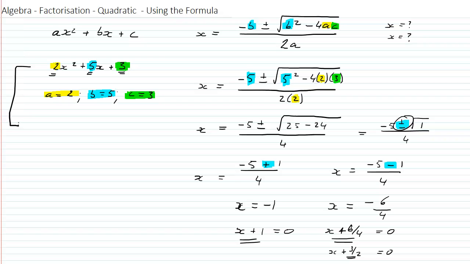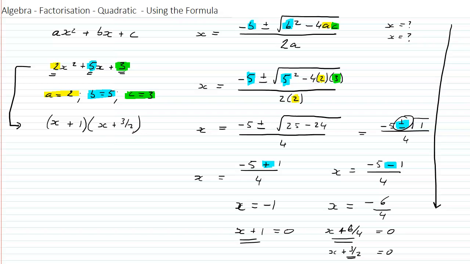Okay, so this was our question. We found a, b, and c, and then we did all of this stuff here until we got down to these two answers at the end, x plus 1 and x plus 3 over 2. So x plus 1 is one factor, and x plus 3 over 2 is another factor.